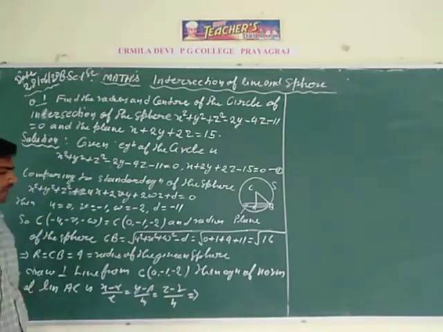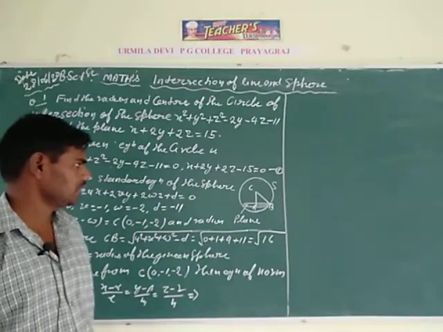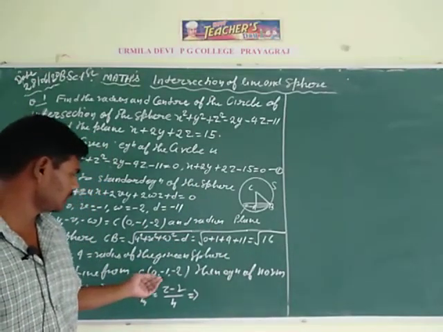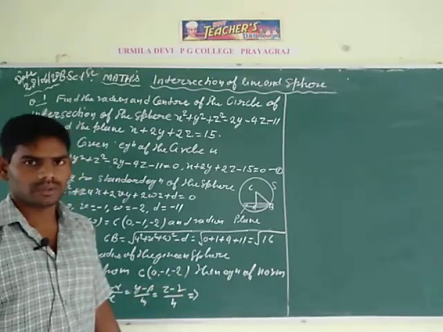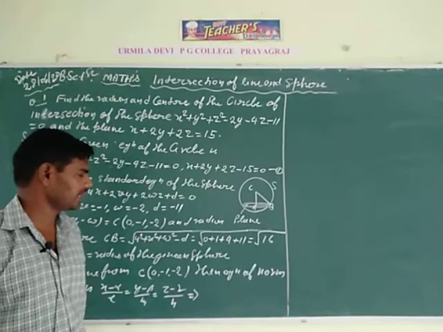Here alpha, beta, gamma are the point through which the line is passing, meaning the normal line is passing through the center capital C. So alpha, beta, gamma are the coordinates 0, minus 1, minus 2 of the center, and L, M, N are the direction ratios of the line.